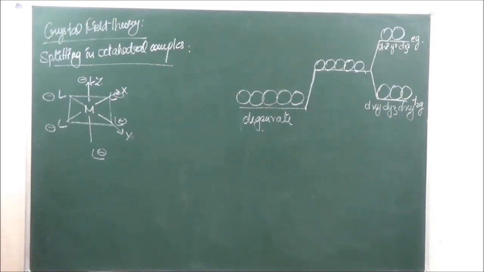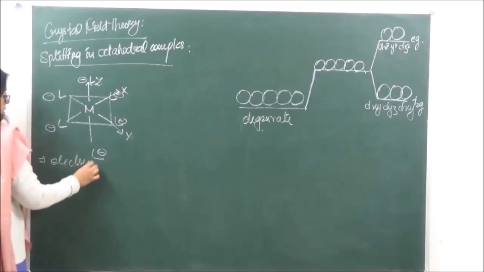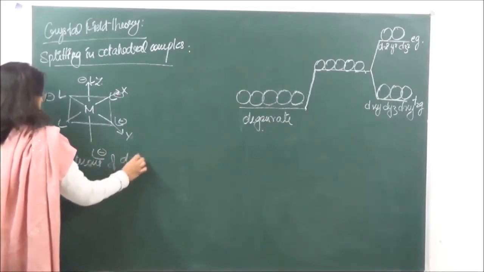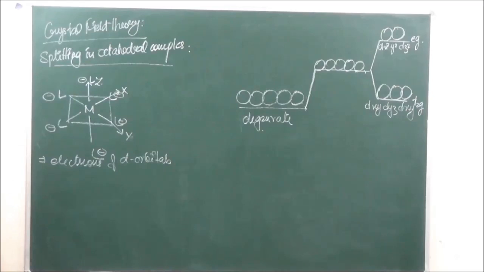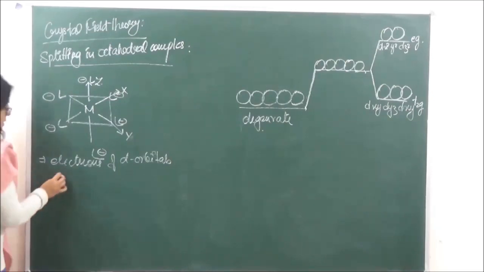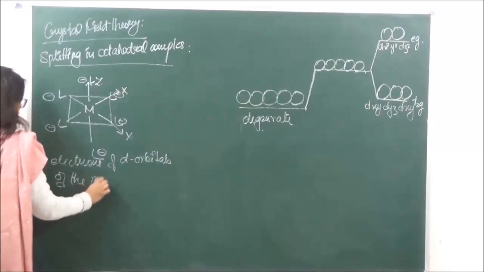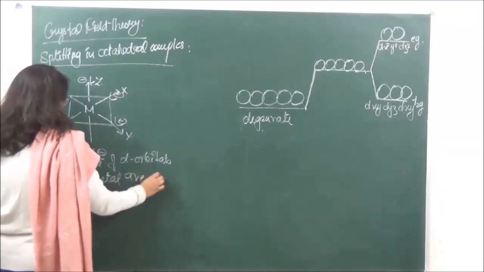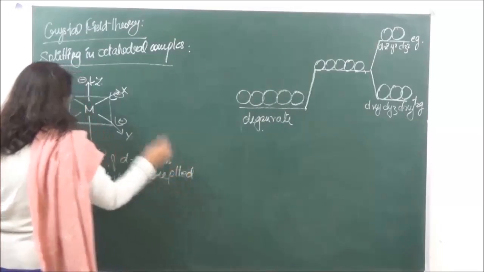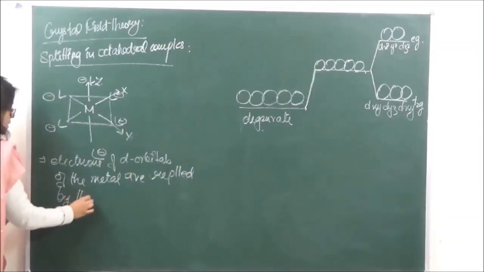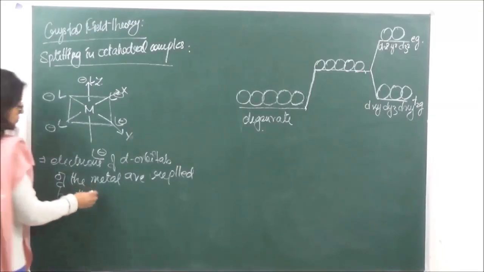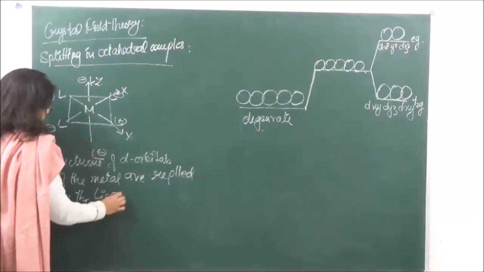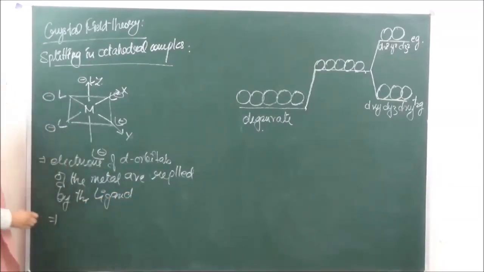Number 1, electrons of d orbitals of the metal are repelled by the negative point charges of the ligand.